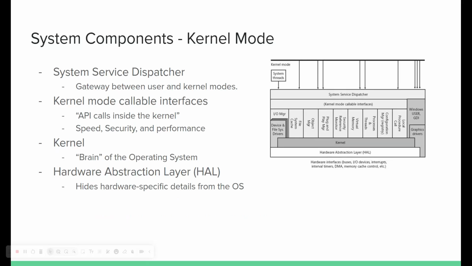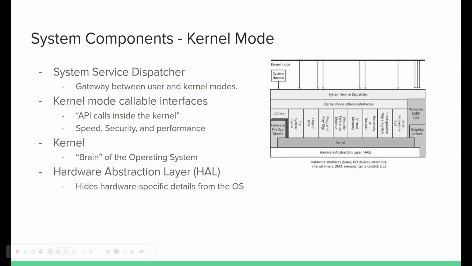Now that we've covered user mode, we are now going to move into kernel mode. Beginning at the top layer, as you can see in the diagram, our system service dispatcher. That is essentially the gateway between user and kernel modes. So the process is as follows.